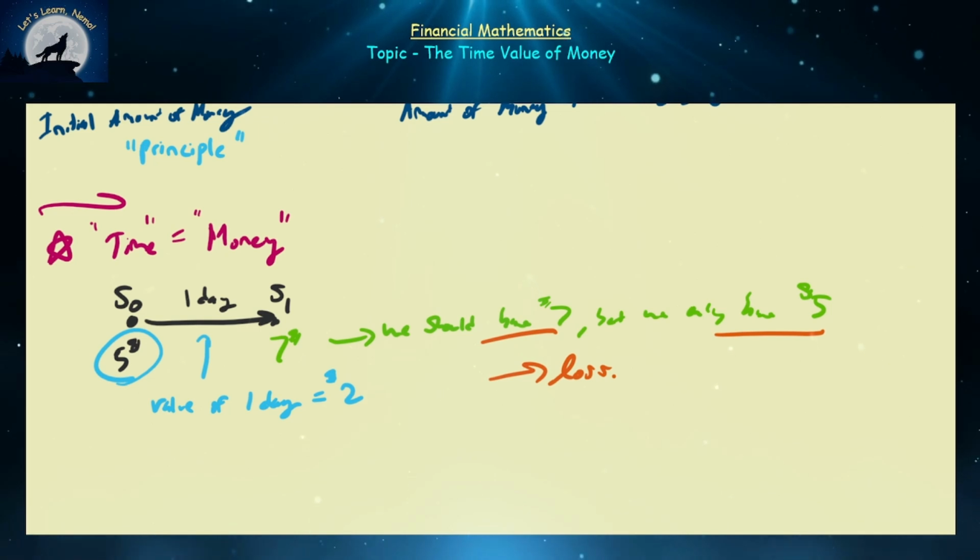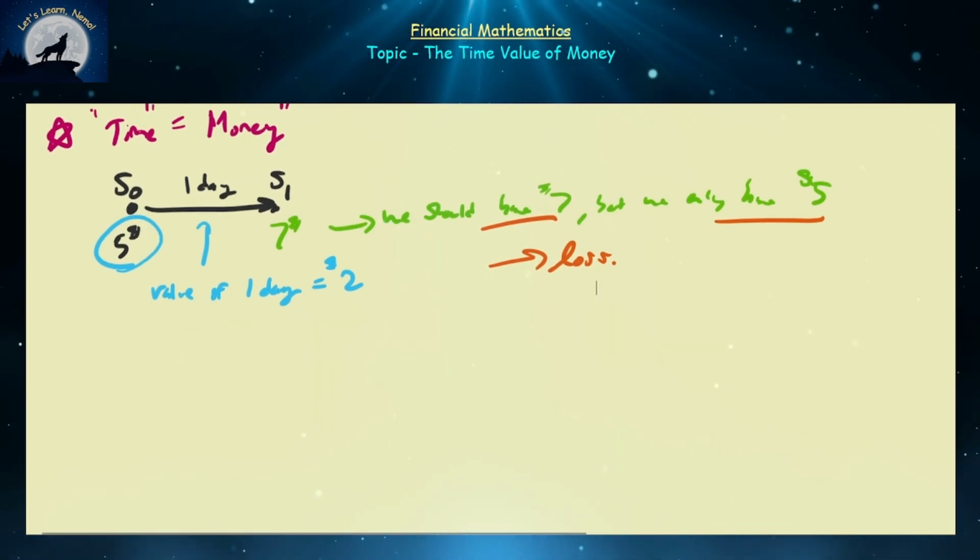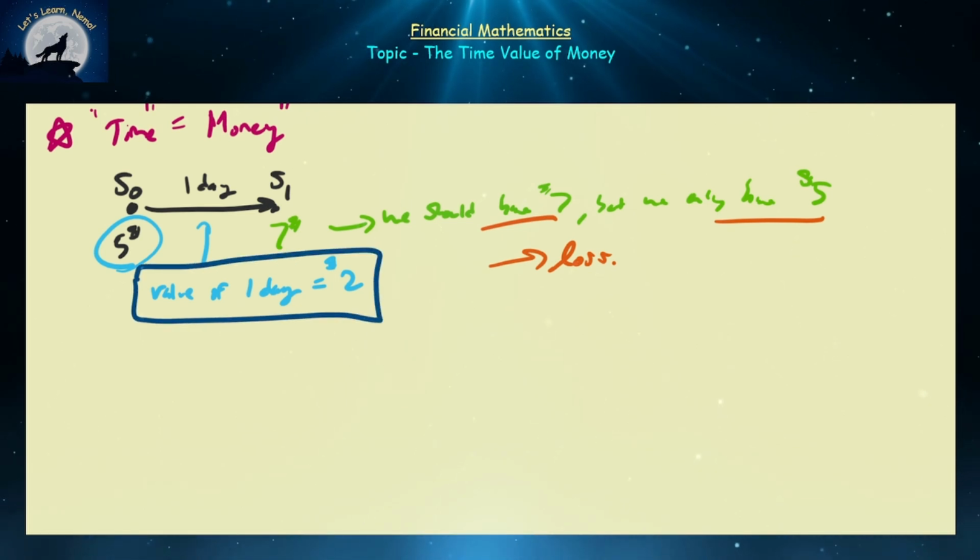But if the value of 1 day was $0, then $5 today and $5 tomorrow are equal to one another because you do not value time from that particular perspective. Right? Now, there's this very interesting idea here. The value of 1 day is equal to $2. Some people will agree with that. Some people will disagree with that.